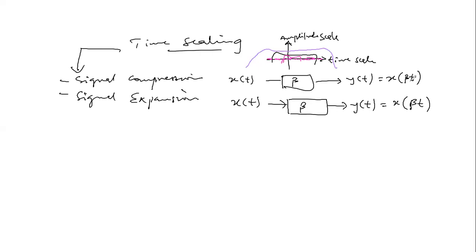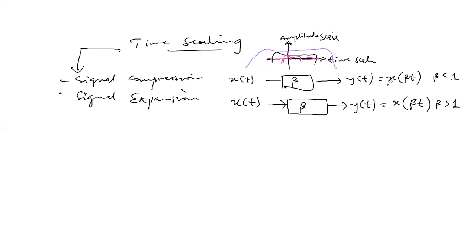So if this signal must be compressed, then beta must be less than 1. Now, if this signal must be expanded, then beta must be greater than 1. Okay?